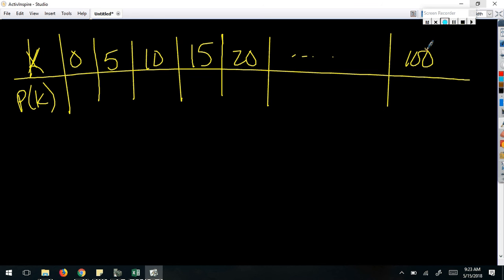If I wanted to know the probability of making a 60 or better, I would have to add from 60 all the way up to 100. That would be the probability of randomly guessing up to 100.